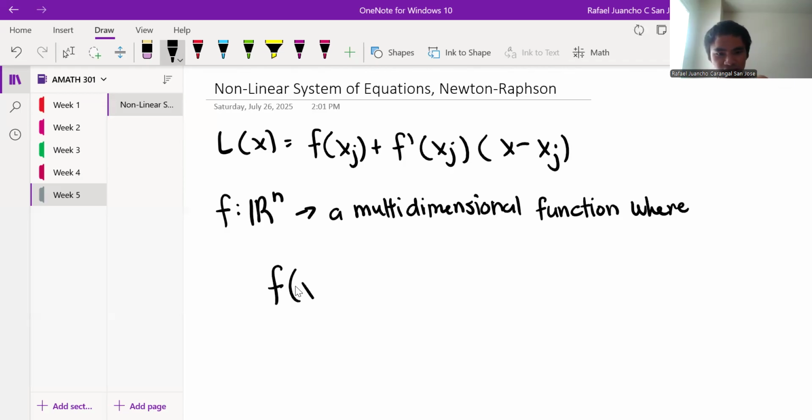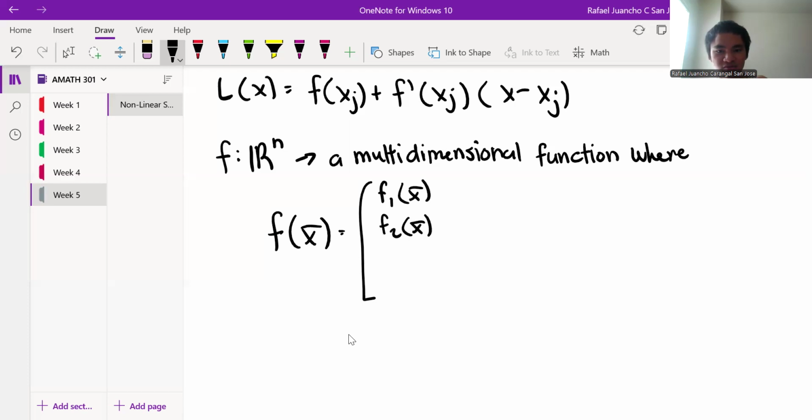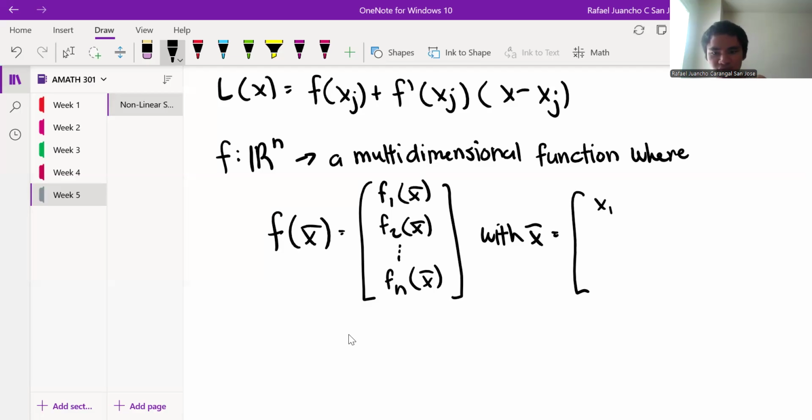And we're saying this: f of our x vector, and so we put everything in that function, f sub 1, f sub 2, all the way to f sub n, right? And we're saying that x is actually just a vector, x sub 1 all the way to x sub n, right?